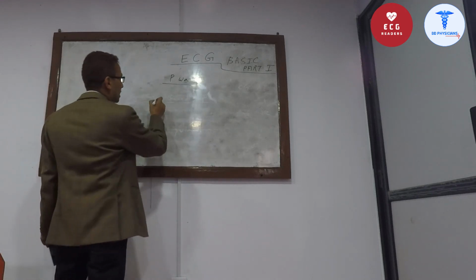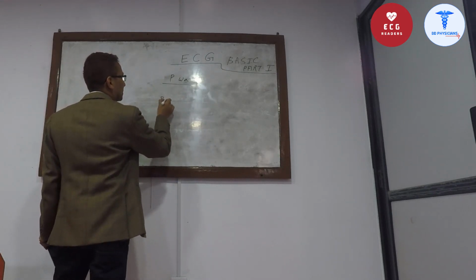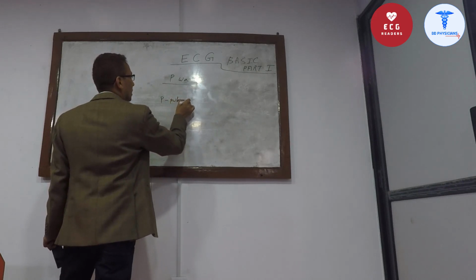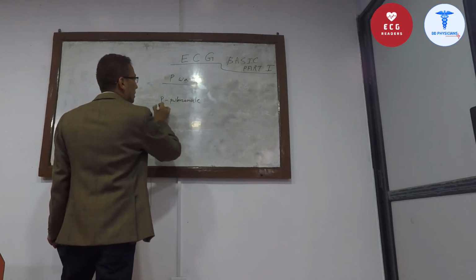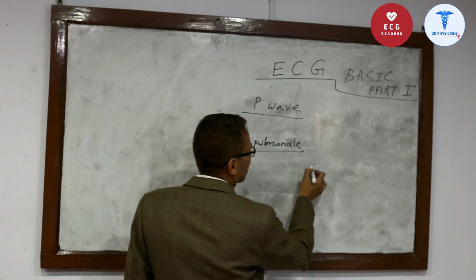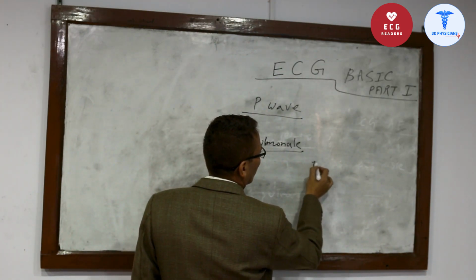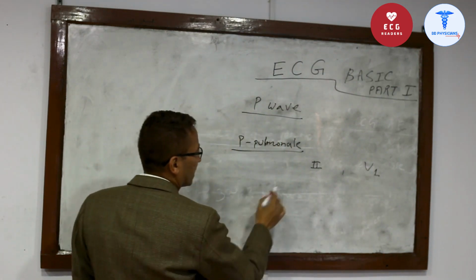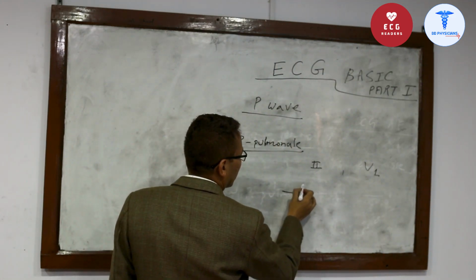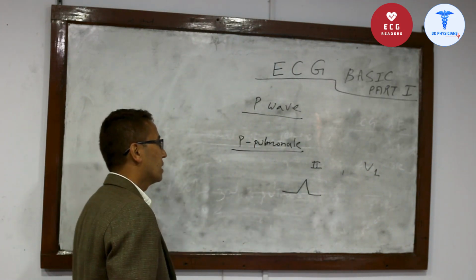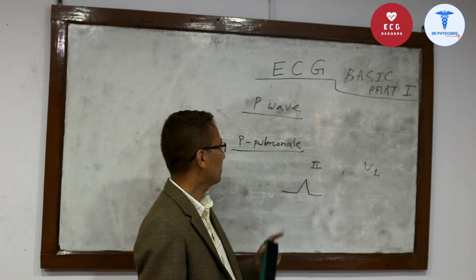Now we'll talk about P pulmonale. P pulmonale is visualized in lead 2 and lead 1. In lead 2, the shape is peaked, and this is also called Himalayan P wave.